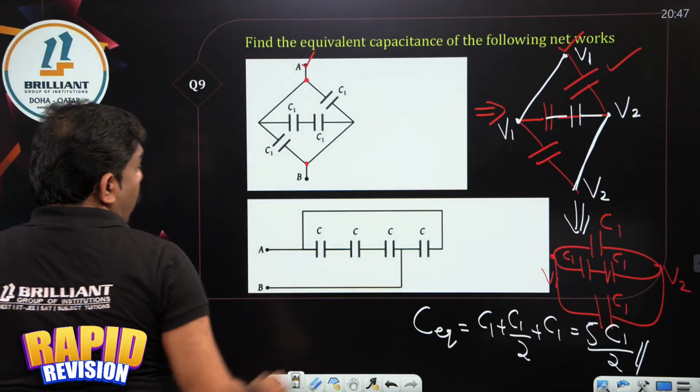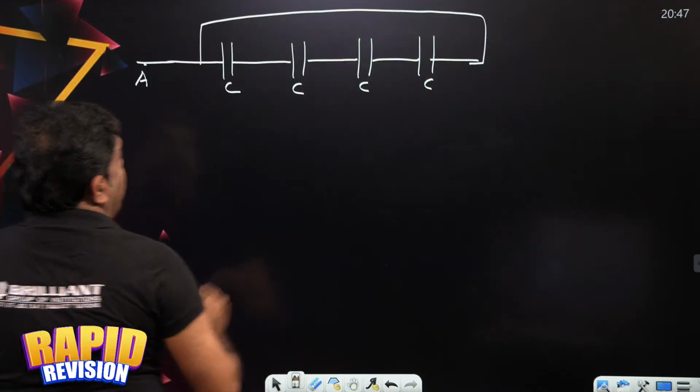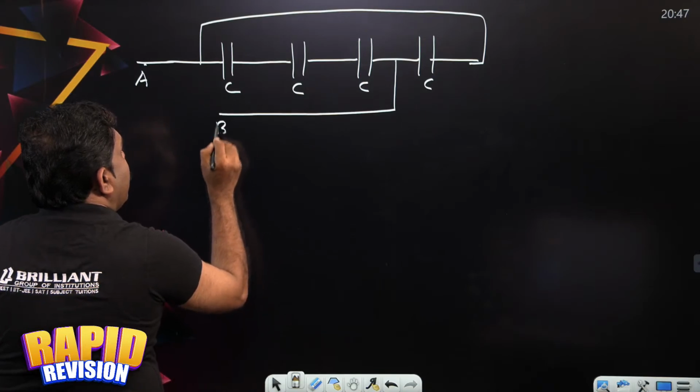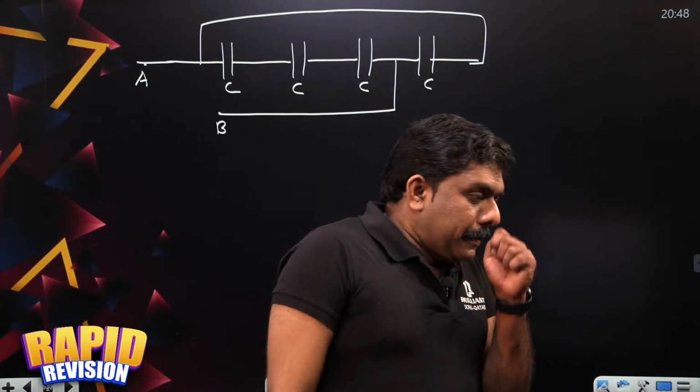And then one more wire from the third one, and that point is B. So this is the diagram now.